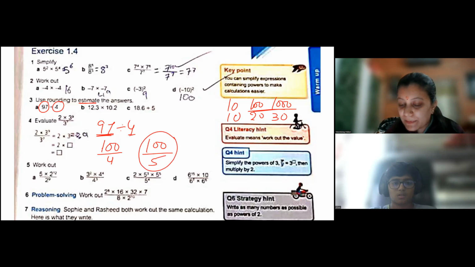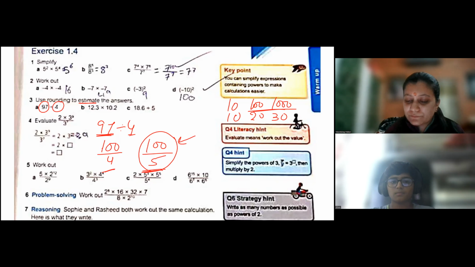Because the divisibility rule of 5 says that whenever we have 0 or 5 in the units place, we can cut it. It's easier to divide 100 by 5 instead of 100 by 4, isn't it? So both answers will be correct, because we don't have to write an exact answer, we just have to write an estimate.